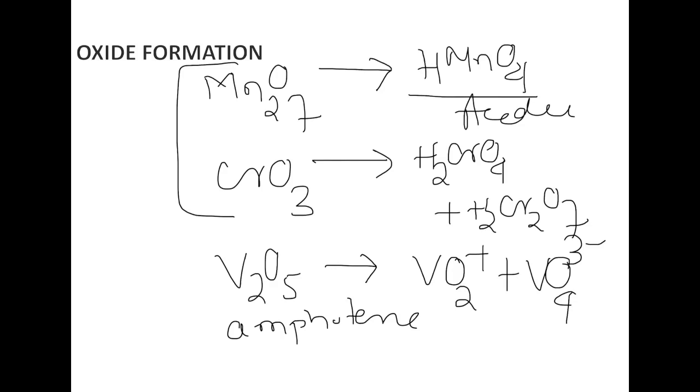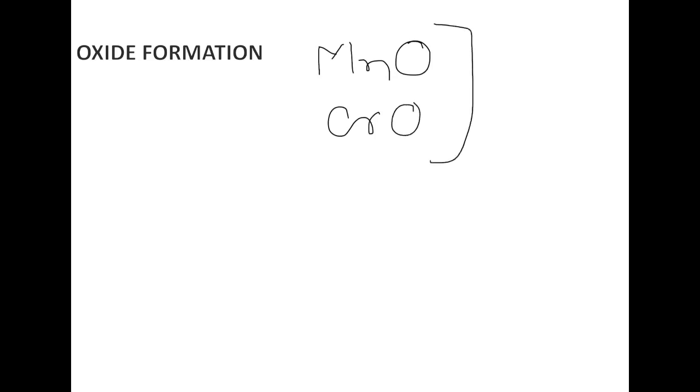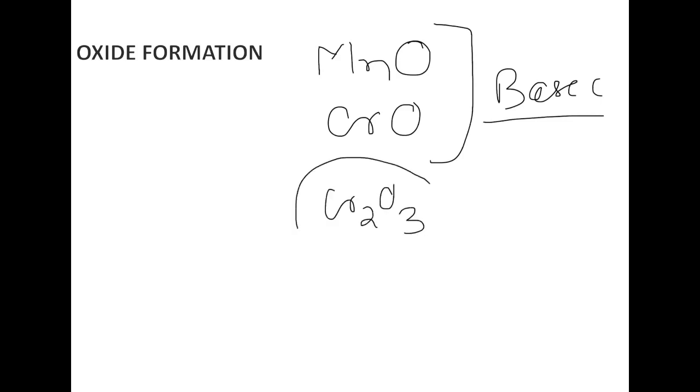And the lower oxides are usually basic in nature. For example, MnO and CrO are basic in nature. But Cr2O3 is amphoteric in nature.